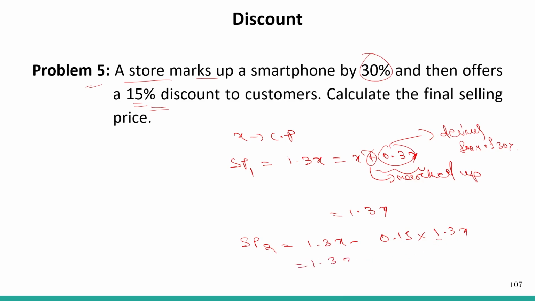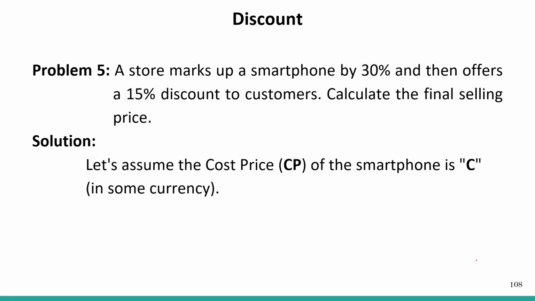This is equal to 1.3x minus 15 into 13x by 1000, which is 1.3x minus 195x by 1000, that is equal to 1.3x minus 0.195x. Okay, so this much amount.